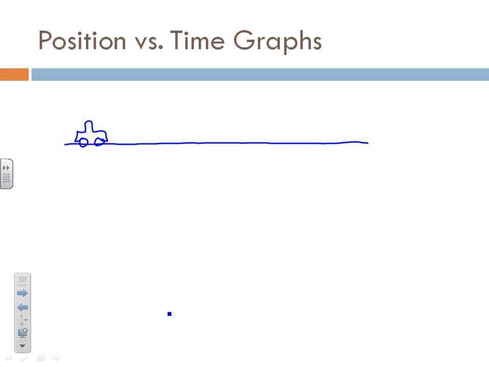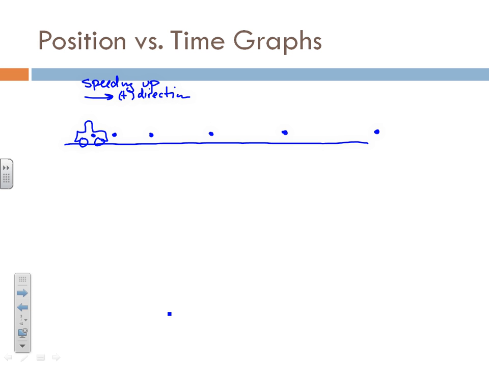So let's say we're moving in the positive direction, and let's say that we're speeding up. Then we would see that our dots would be pretty close together to start. But as time goes on, they would get farther and farther apart. And we remember this from ticker tape diagrams.